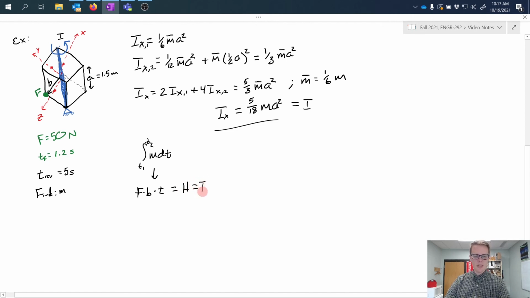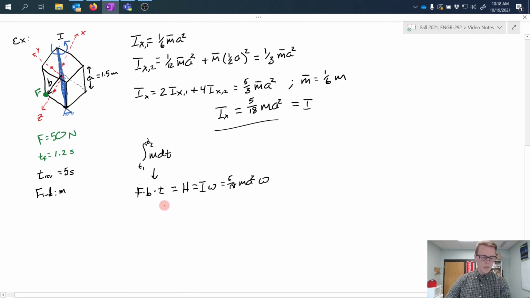Angular momentum is equal to I omega, and we just said what I was: 5 over 18 m a squared, omega. So we've got most everything we need, and we just need to plug in what we know and what we don't know.